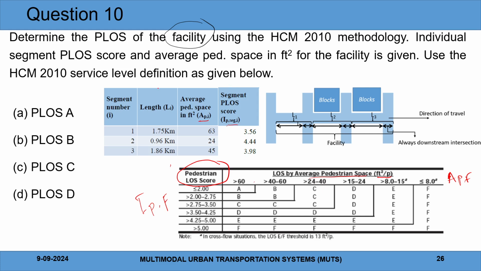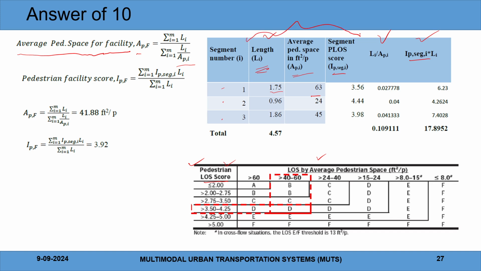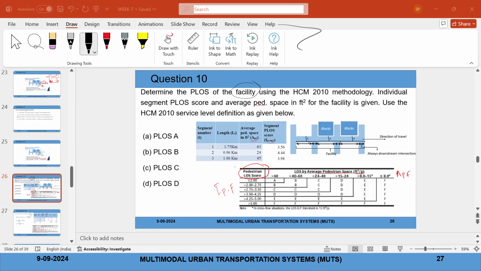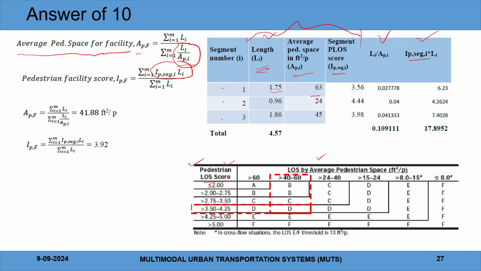So these three values are actually given: length, API, and IP segment I. You need to calculate this one and this one. From there, you have to sum over the number of segments given in the question.